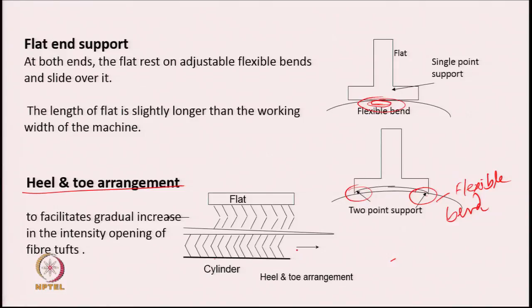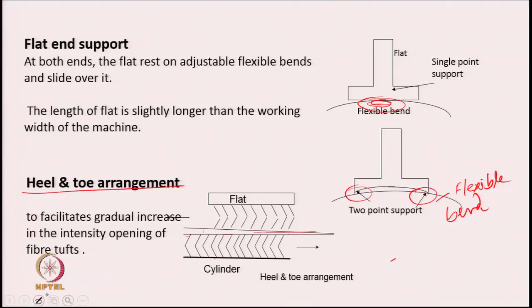Now, what you see, if you look at this arrangement of the flat wire points and the cylinder wire points, then you will see that the way they have been placed, the narrow gap that exists between the wire points of flat and cylinder, and this gap is converging, that is, it is a little more at the entry side and less on the exit side. This is how the flats have been designed.